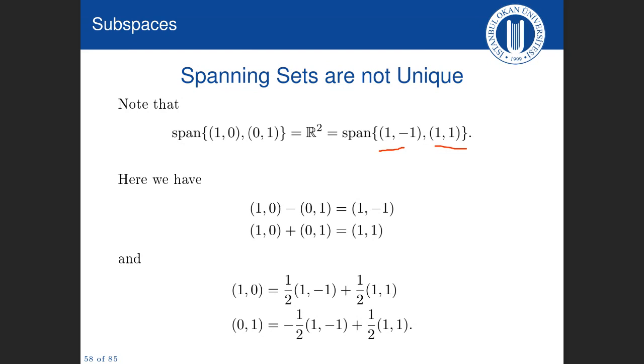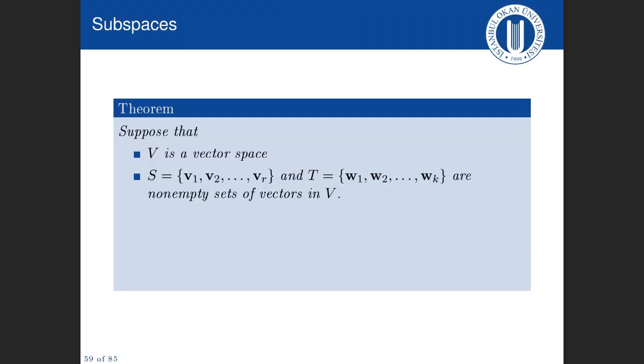And likewise, the vector (1, 0) is a half (1, -1) plus a half (1, 1), and the vector (0, 1) is minus a half (1, -1) plus a half (1, 1). So that means the vectors on the left are also linear combinations of the vectors on the right. In general, let's suppose that V is a vector space.